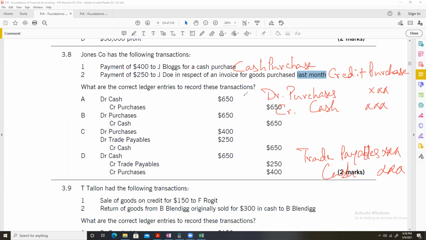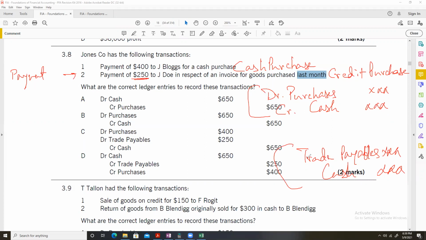This is the double entry for cash purchase, and this is the payment made for a credit purchase. This is a payment for goods purchased previously on credit basis.